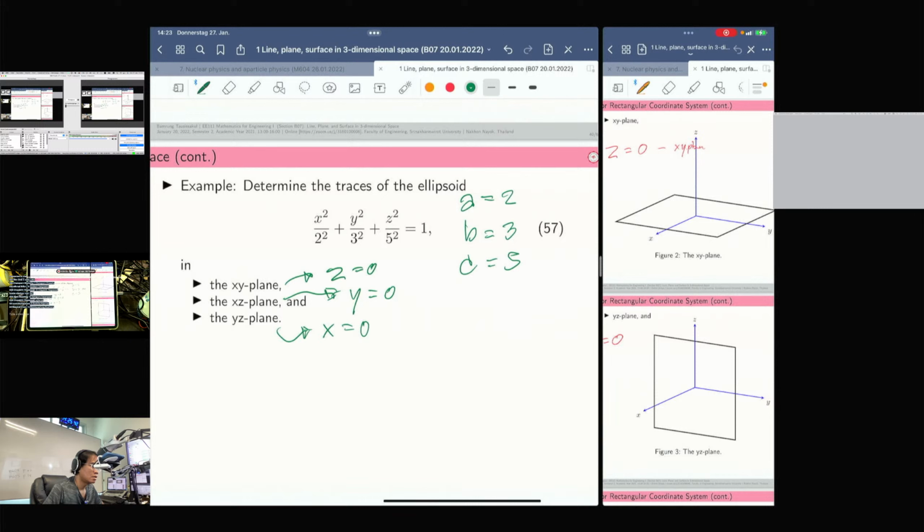That's the xy plane. So the question is, what is the intersection result between E and the xy plane? What is that? This is the question.